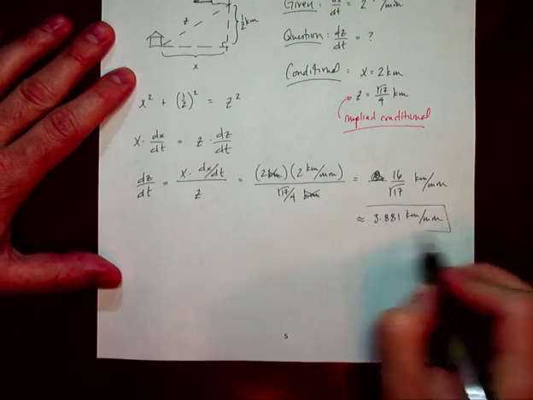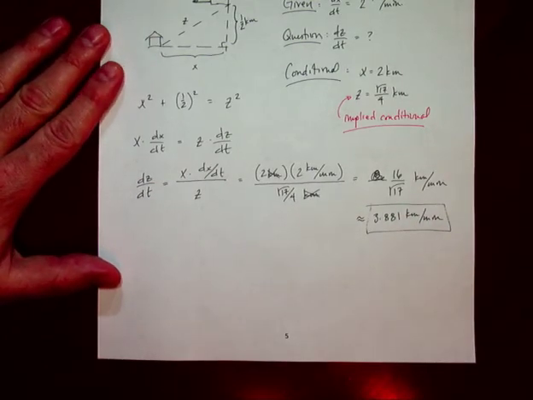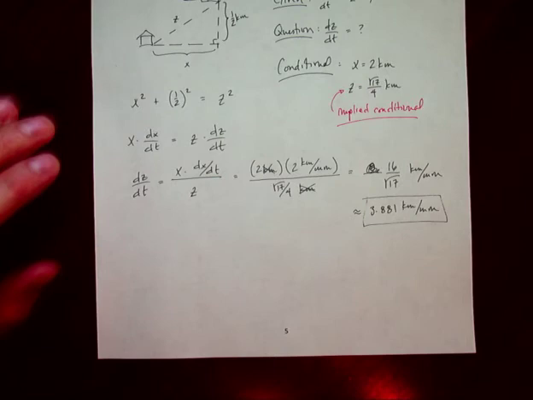Now, I didn't stop on the last one and put it into the final form that it should be in. But anything that is asked in sentence form should be answered in sentence form.